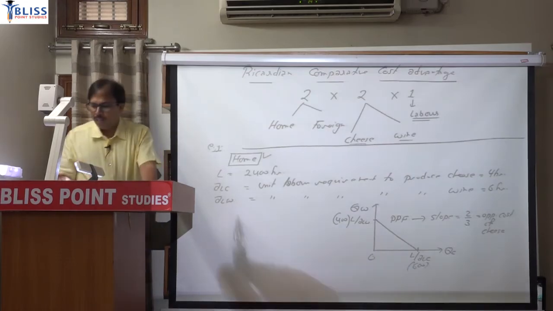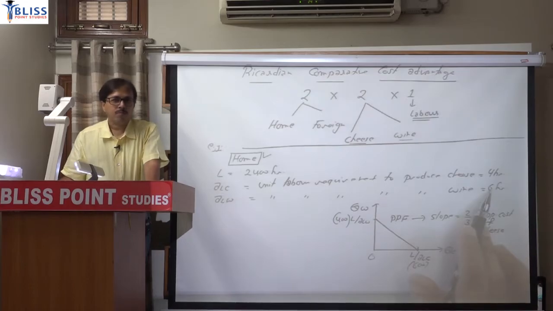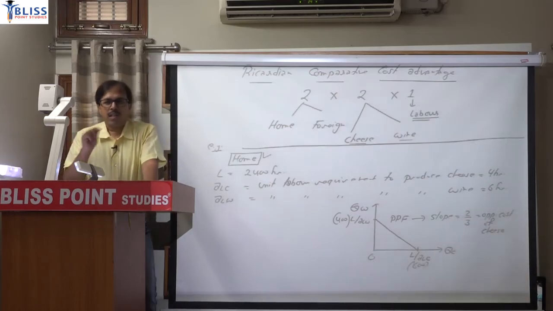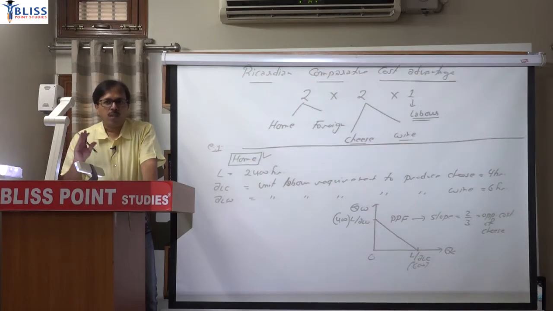Because to produce one extra unit of cheese you require 4 hours, and in those 4 hours how many units of wine could have been produced? 2 by 3, because 1 unit takes 6 hours, so in 4 hours you can produce 2/3. So the interpretation is clear: 2 by 3 opportunity cost of cheese means to produce one extra unit of cheese you have to give up 2/3 unit of wine.